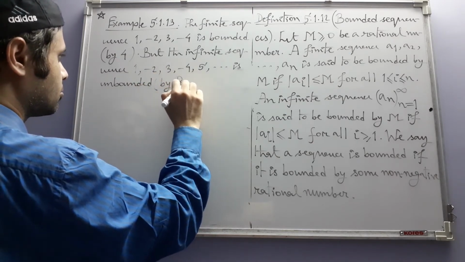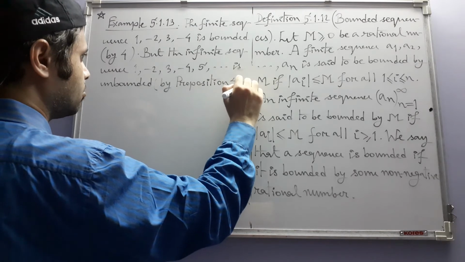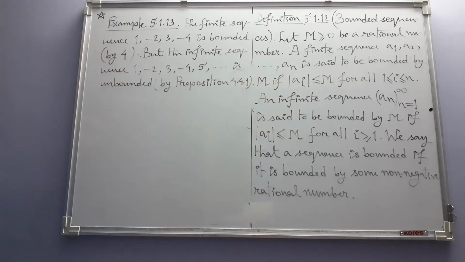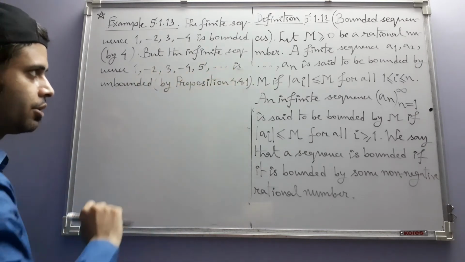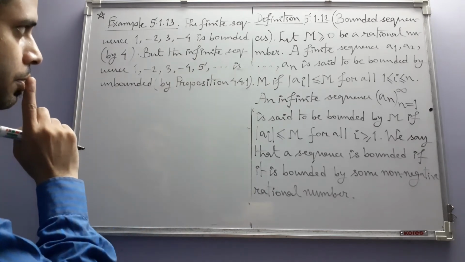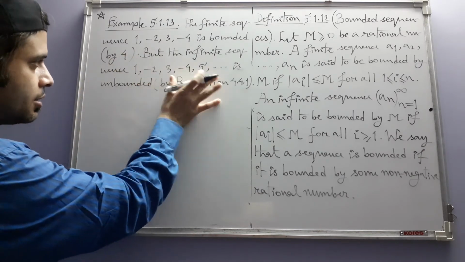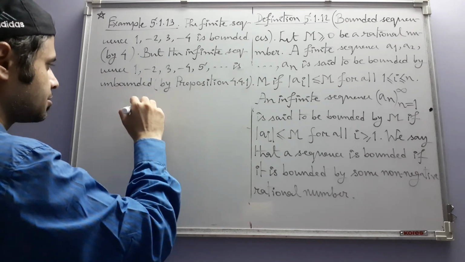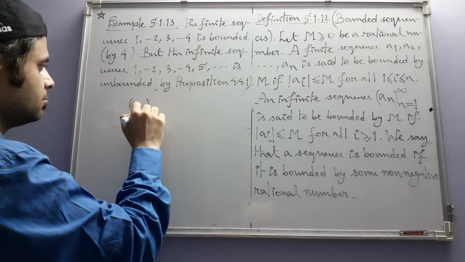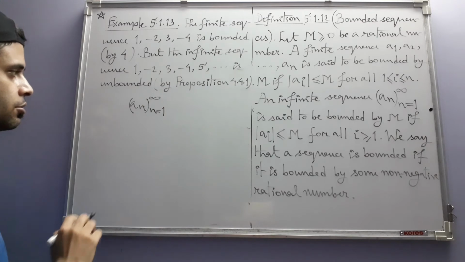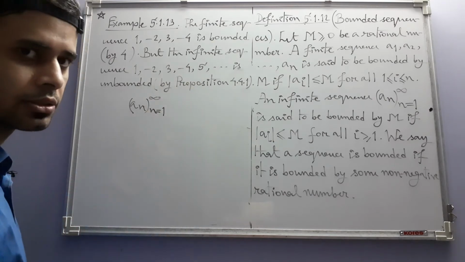By proposition 441, the proposition which says that there is no largest rational number. If someone supposes that this sequence is bounded, then that means all the terms of this sequence, say the sequence is denoted by a_n, so that a1 is 1, a2 is minus 2, a3 is 3, etc.